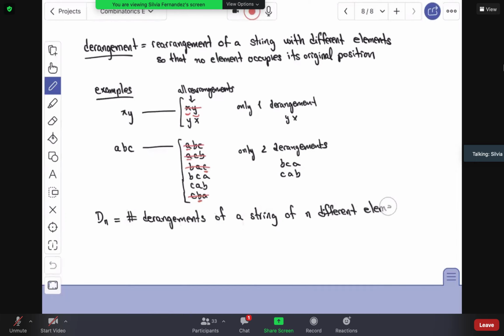And it doesn't really matter what the elements are, right? So I could have used XYZ here, or 1, 2, 3, or any other thing. So here, what we did was we found out that D_2 is 1 and D_3 is 2.